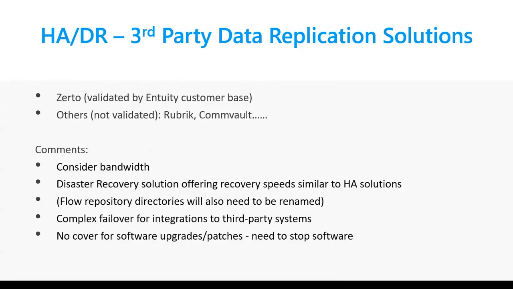Flow directories and repositories will need to be renamed in this scenario, and it sometimes can be a bit more complex, depending on what integrations you have with third parties that you also need to have once the failover has happened. And there is no cover for upgrades or software patches, as again, you need to stop the software.